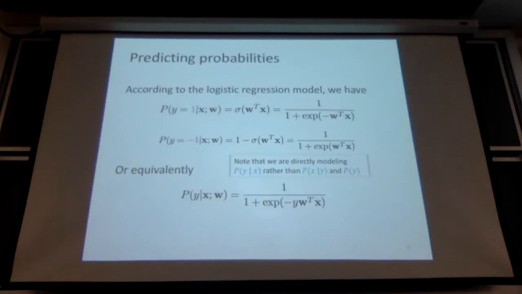In naive Bayes, we construct it by multiplying these two, and we say the probability of a label given x is proportional to the product of the likelihood and the prior. In logistic regression, there's no likelihood and prior; the probability of the label given x is just this quantity, correct? So in both cases, we are predicting the probability of a label given the input.